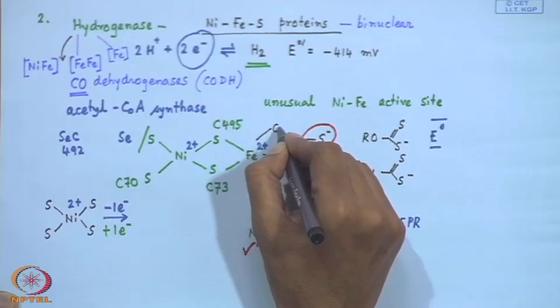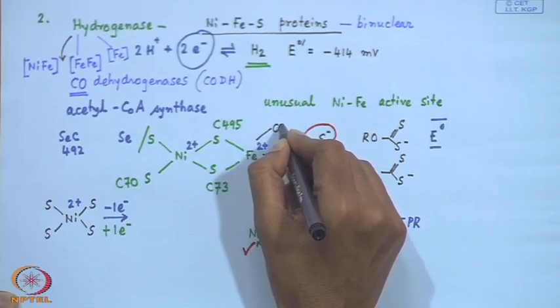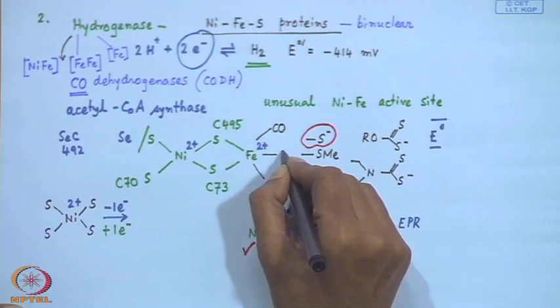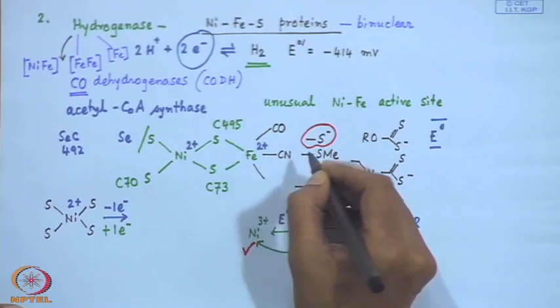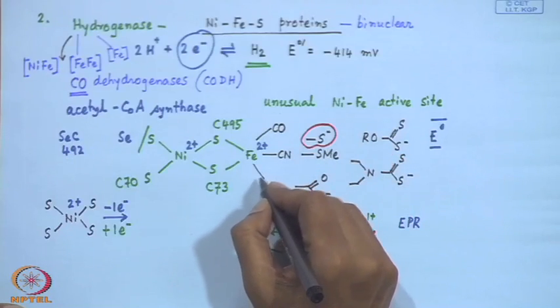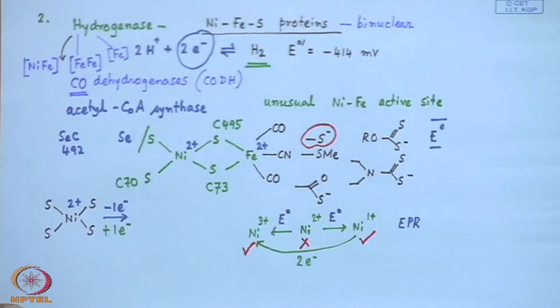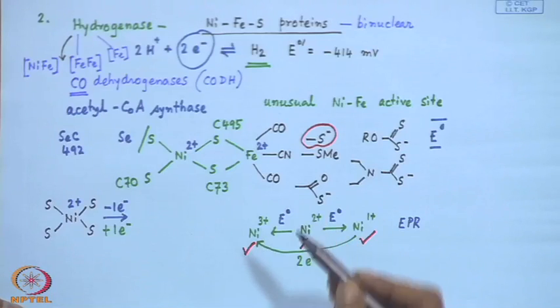So, these are now very unique, which is not known earlier in any living system, that these are CN, CO and CO functions. So, these are typically non-protein ligands. So, whatever inorganic chemistry you are doing in the laboratory, we see in the living organisms also.